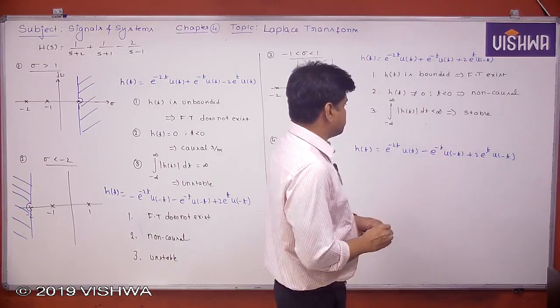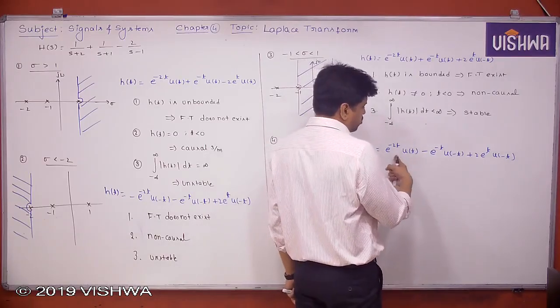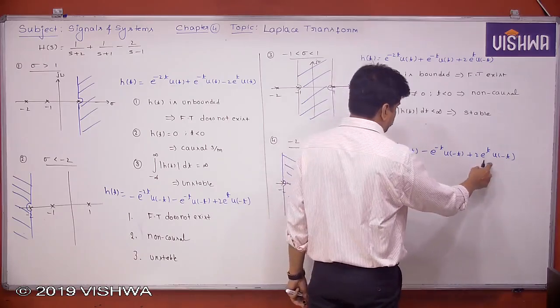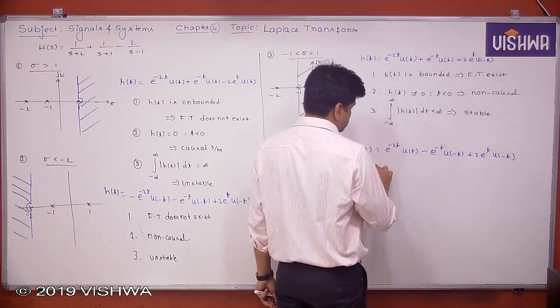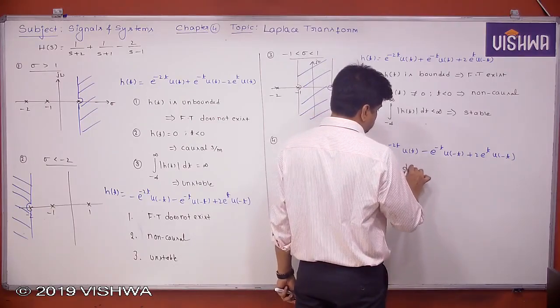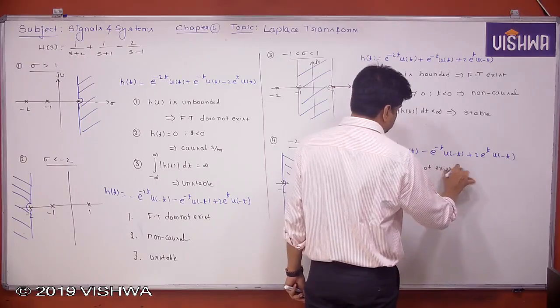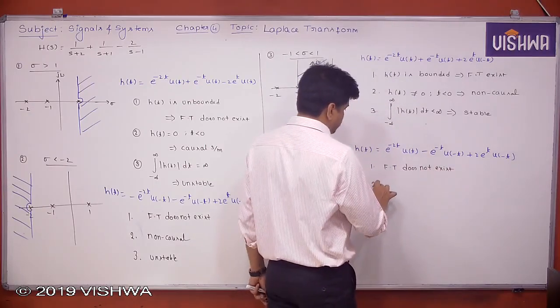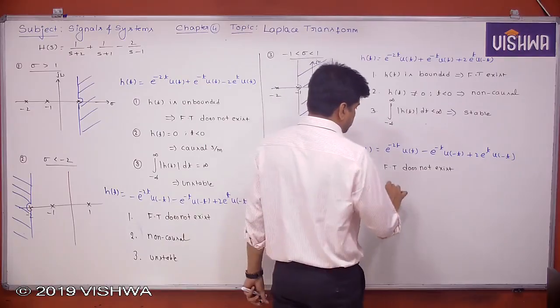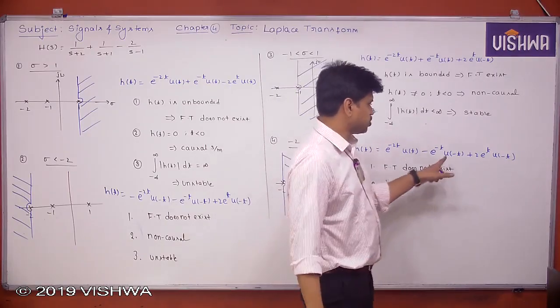Observe it. Does the Fourier transform exist or not? Let's check. Bounded, unbounded, bounded. So again it is unbounded, so the Fourier transform does not exist. Second one, h of t, is it equal to 0 for t less than 0? No, because we have u of minus t.